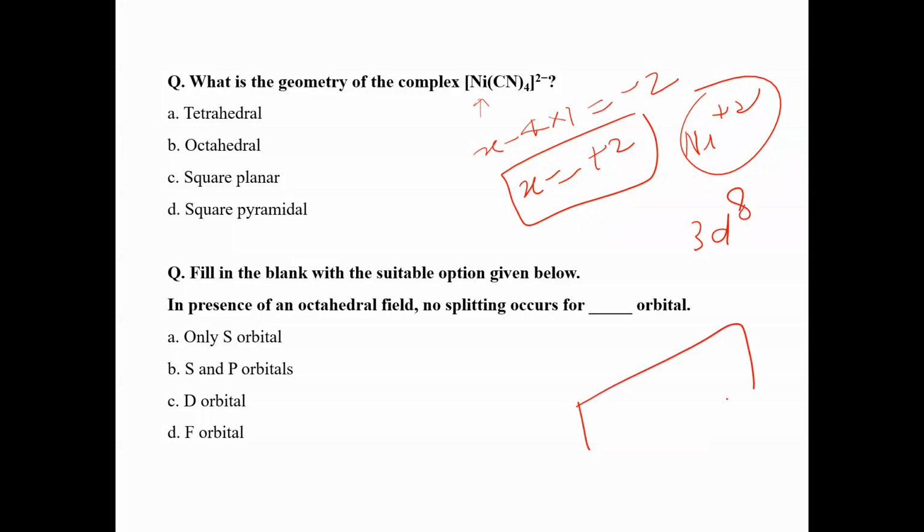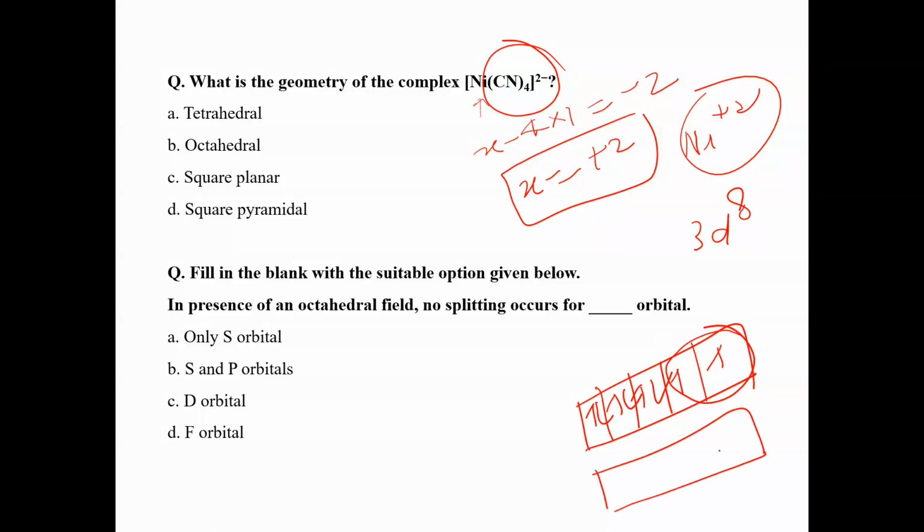So if I fill these electrons, 1, 3, 4, 5, 6, 7, and 8. But here it is a strong ligand, so these two electrons will pair up.